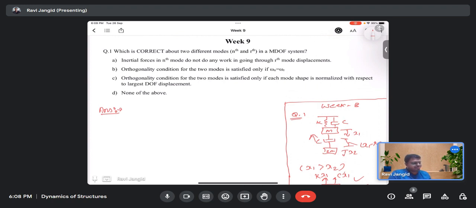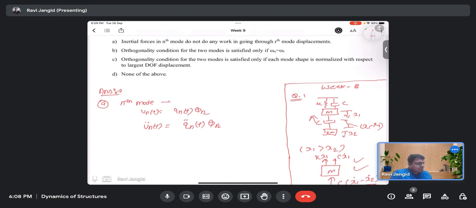Let us discuss the option A first. Let us consider the nth mode. In the nth mode, what is my displacement? u n of t would be q n of t times phi n. The corresponding acceleration would be u double dot n of t equal to q n double dot of t times phi n.